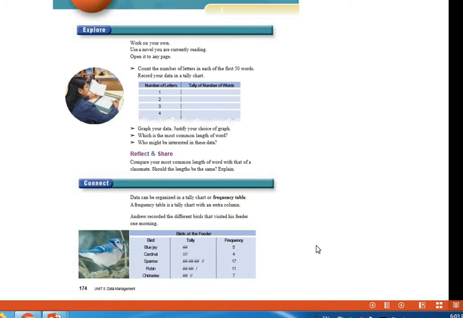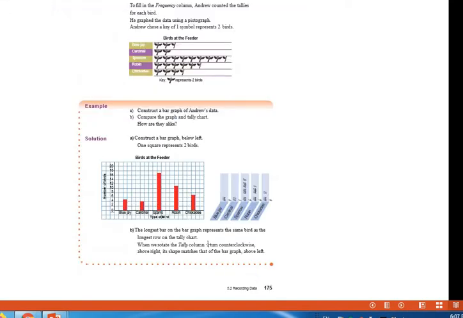I want to convert this to a pictograph. Let's see what we are going to do. The pictograph. Construct a bar graph.